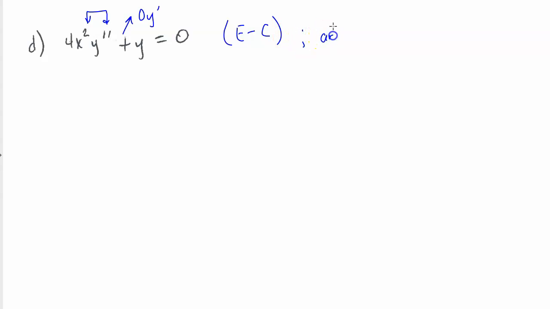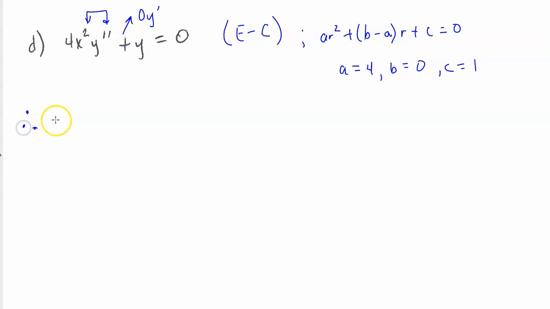Our indicial equation will look like this, where our a in this case is 4, our b is 0, because that's where the b comes from, the coefficient for the y prime term, and c is going to be 1. So from that, we have 4r squared plus 0 minus 4r, and then plus 1 equals 0.